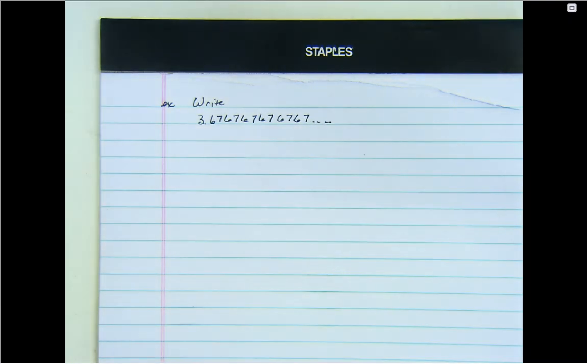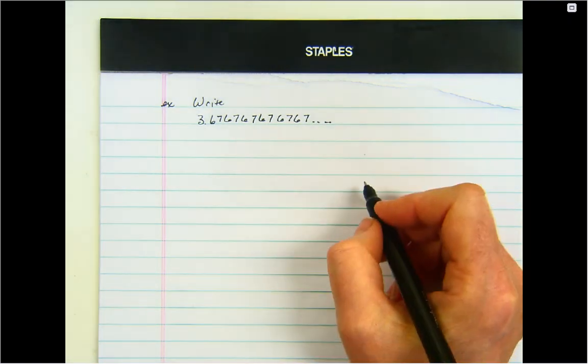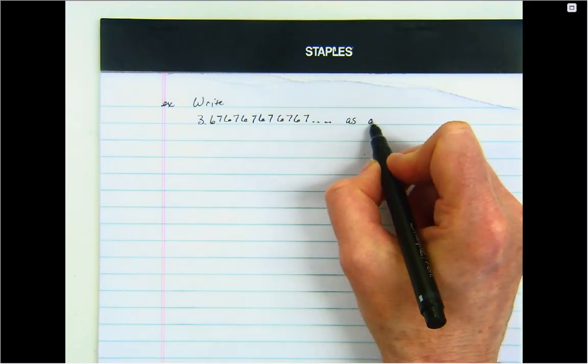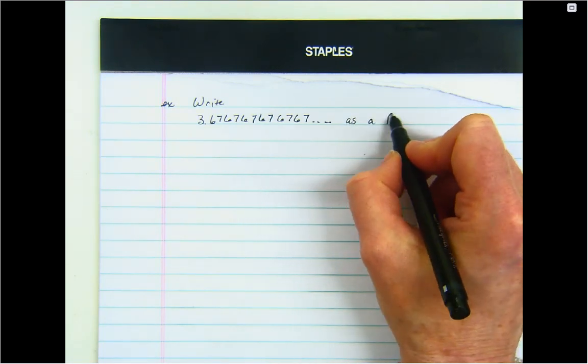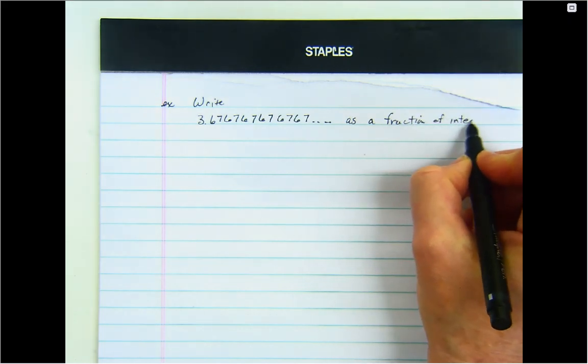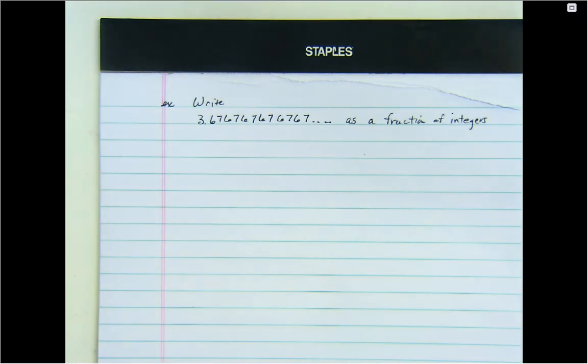Here we have this to work with, right? 3.6767 repeating as a fraction of integers. And then if you're stuck, raise your hand. Nicholas and I will work it out quick, and then we'll come around and give you a hand if you're stuck. Or if you feel like you have the answer, raise your hand. We want to make sure you know how to do this.